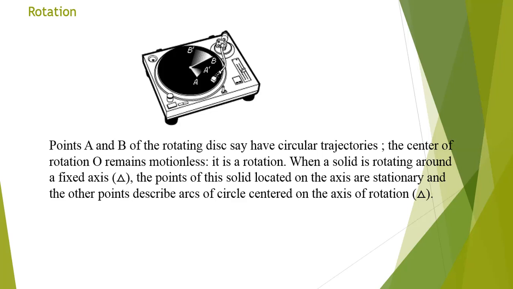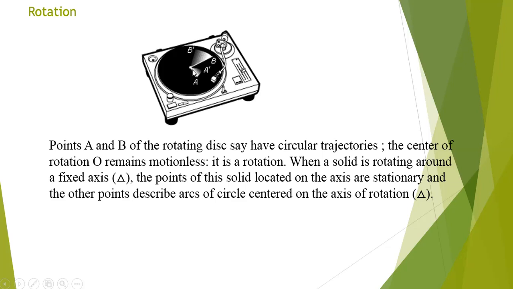All the points of a solid in rotation, all the points located on the axis of rotation remain at rest, or all the points belonging to the axis of rotation are motionless. For example, in this figure, the point O is motionless, but A or B describes a circular path or describes arcs of a circle.